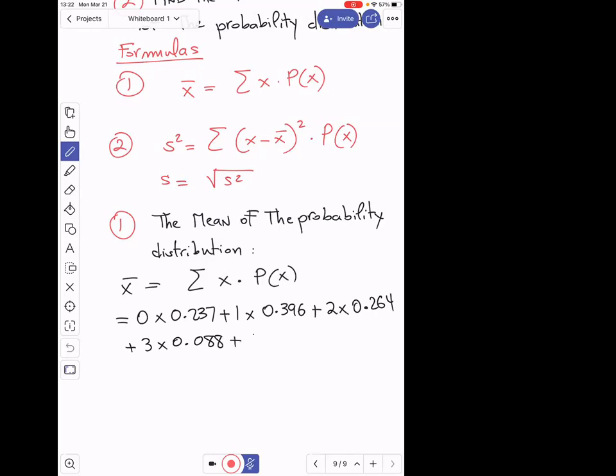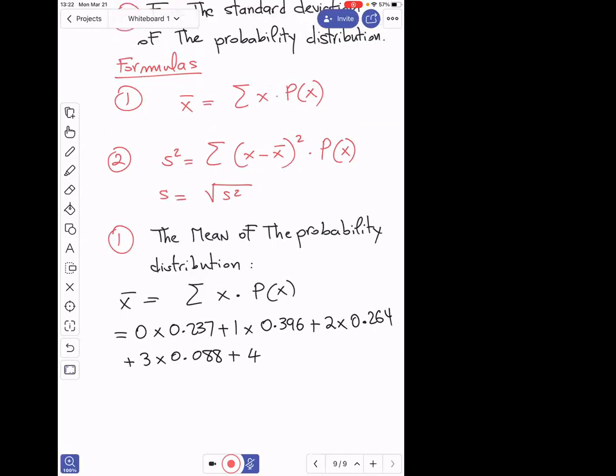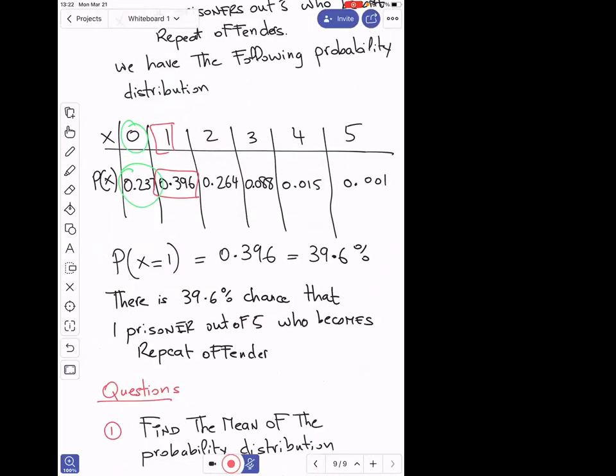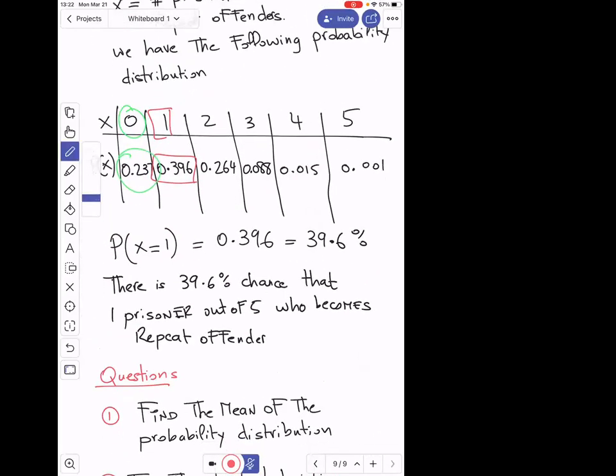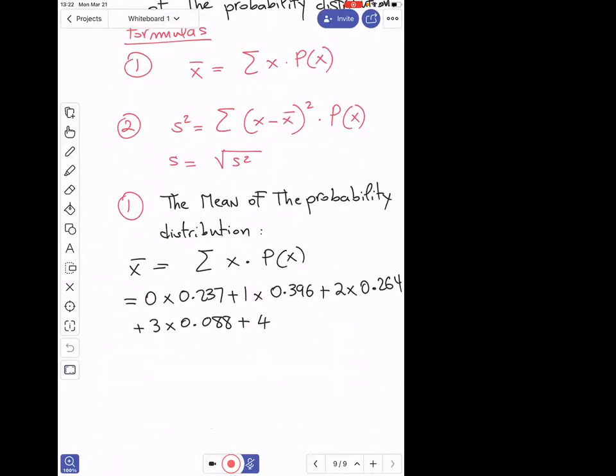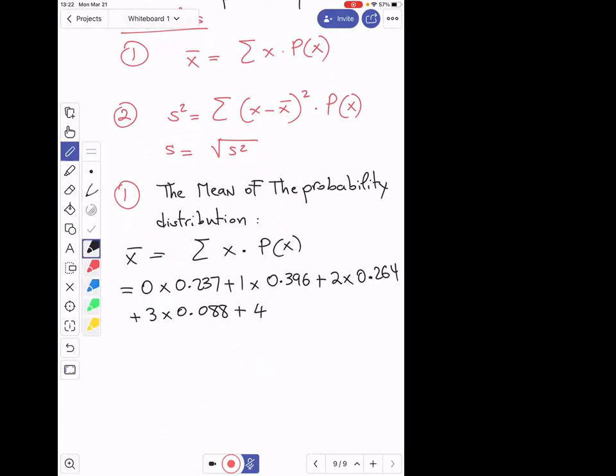The next x is 4, and when x is 4, the corresponding probability is 0.015. So that's 4 times 0.015, plus the next x is 5, and the corresponding probability is 0.001.